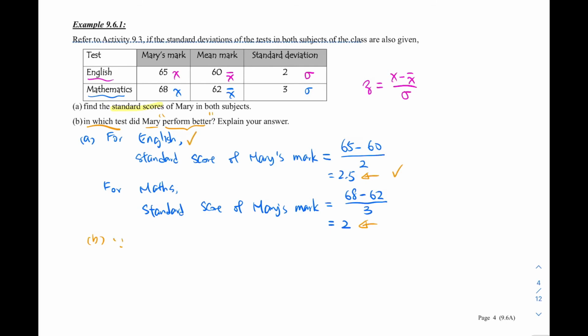So you just write down Mary's standard score in English, which is equal to 2.5. This is greater than her standard score in mathematics, which is 2.